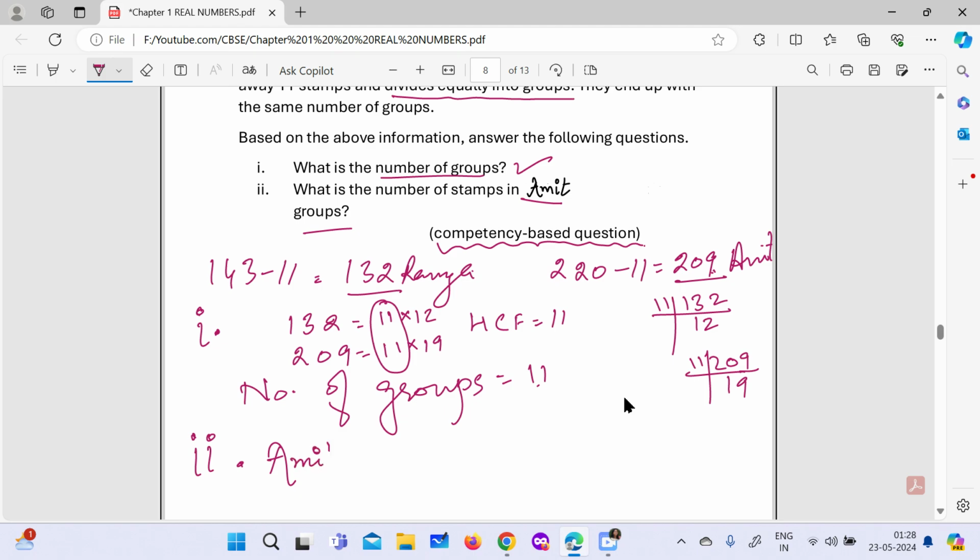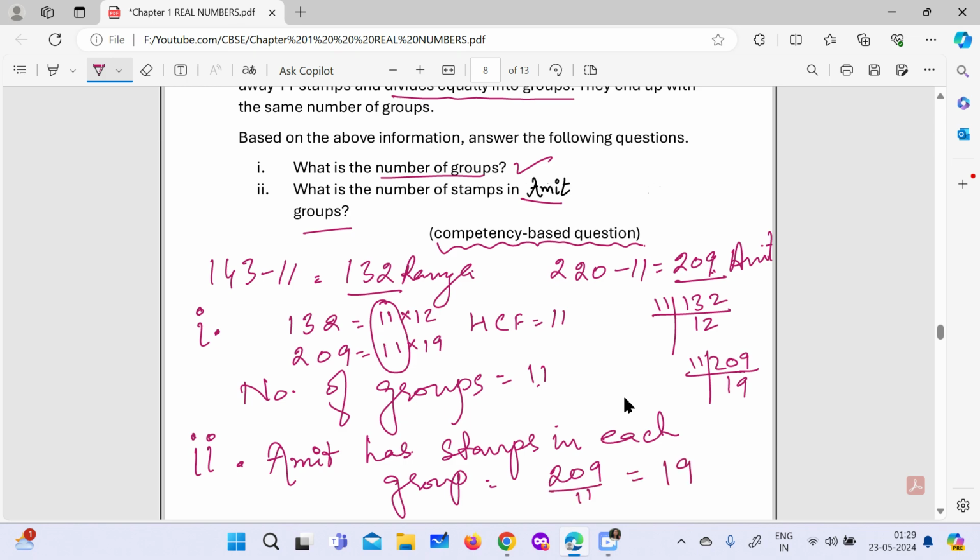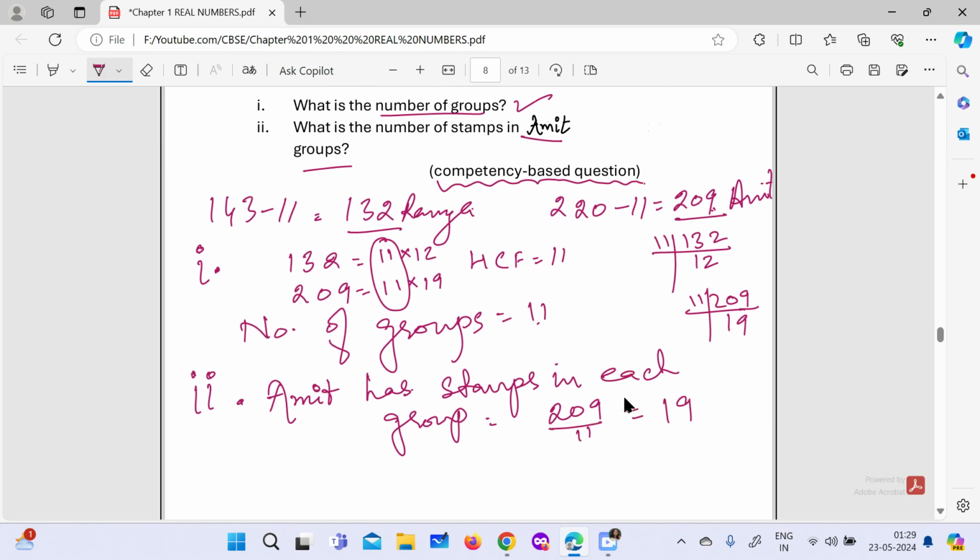Therefore, the number of stamps in each group is 209 divided by 11, and that will give you 19. So Amit will have 19 stamps in each group.